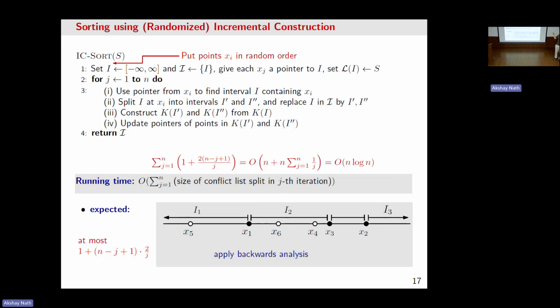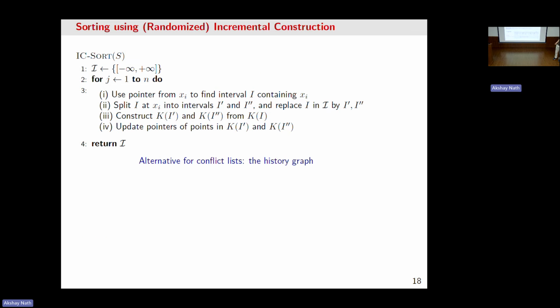The something else is what is called the history graph. It's again like the difference when we studied these randomized stick breaking processes. But this is different because the input itself is deterministic and randomization only comes in through the permutation.